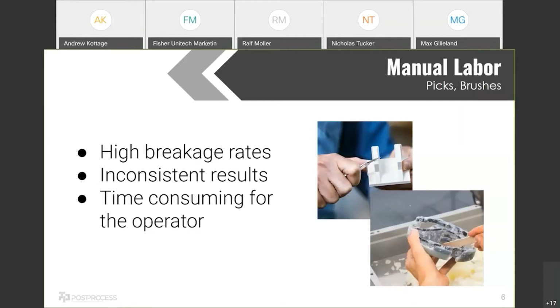And then again, we mentioned this one too, and it applies, of course, to picks and brushes, or whatever tools you might be using out there, dental picks, those sorts of things. If that's what you're relying on for post printing, it's going to be extremely time consuming for the operator. It's not a job that many people are going to want to do for an extended period of time, day in and day out.